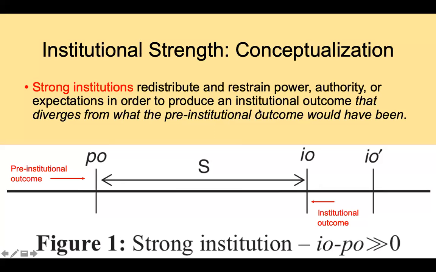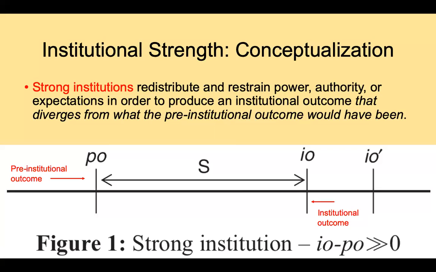This is the essence of an institution. The actors can't leave the system. The institution has been created. They now have to change their behavior or alter their expectations in response to the institution.